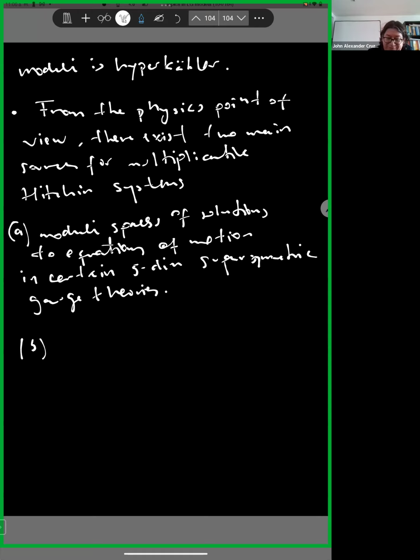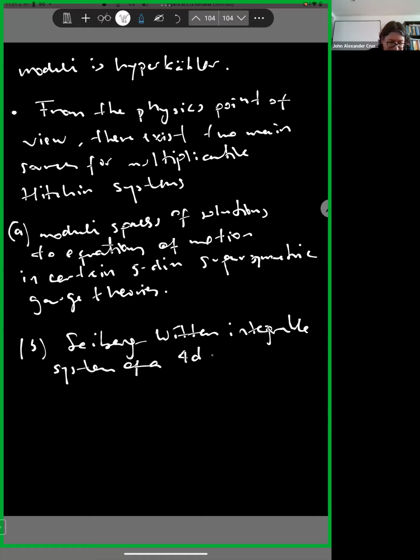And the second one is more interesting for me and for the proposal I want to construct. The other source of examples is the Seiberg-Witten integrable system of 4D N=2 theories.